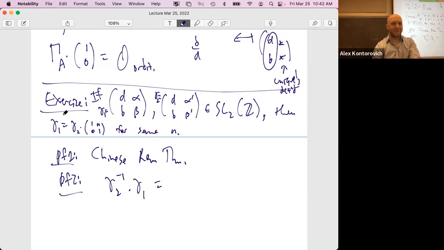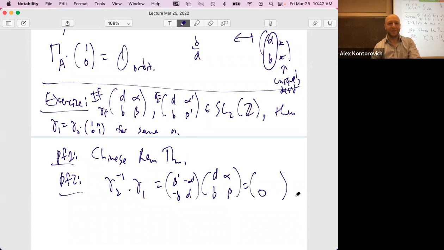In other words, I multiply by gamma 2 inverse on both sides. And then gamma 1 is this, B D alpha beta. Gamma 2 inverse: I flip the diagonal elements and negate the off-diagonal, negative b. And then when you multiply this out, I have negative bd plus bd, so I get a 0 here.